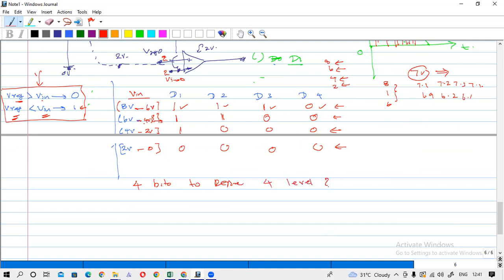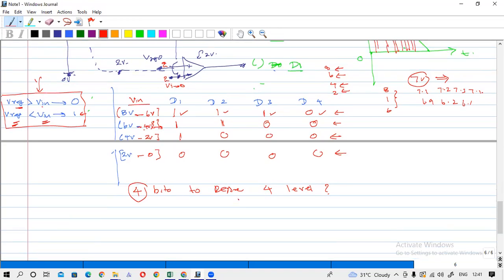Tell me, do we need 4 bits to represent 4 levels? Then how many bits do we need actually? Do we need 3 bits? If we have 3 bits, you can represent 2 to the power 3 levels. That means 8 levels. To represent 4 levels, how many bits do you need?